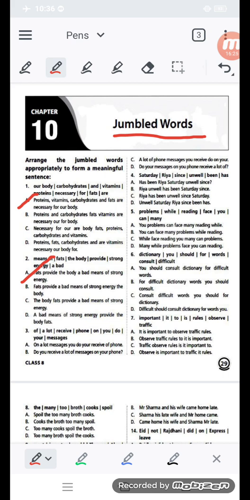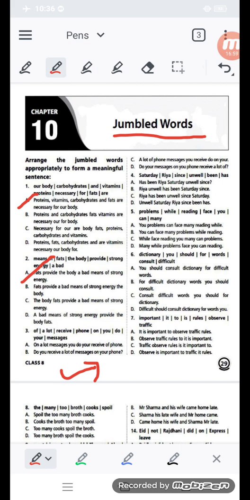Let's read about the question number 3. A lot of phone messages you receive on your. Which option you think is the correct? So here from you have to read. After reading A and B, you have to go this right hand side. Like on a lot messages you do your receive of phone.